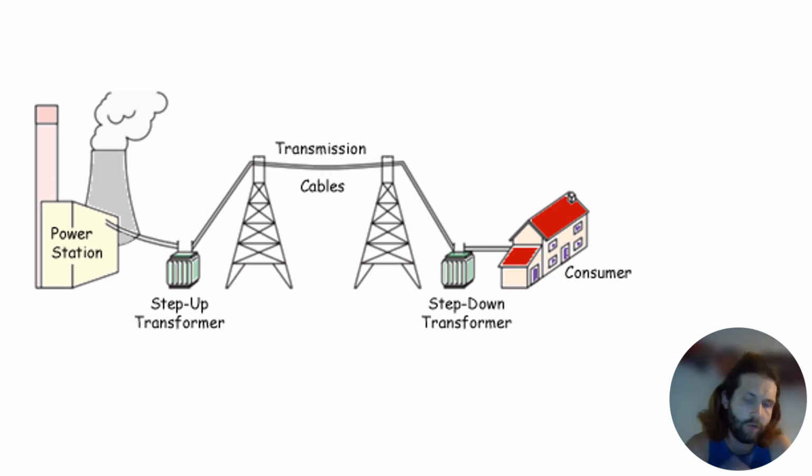We're increasing or decreasing it either to satisfy the needs of the electrical appliance it's connected to, or to satisfy transmission needs or reduction of hazards and things like that.